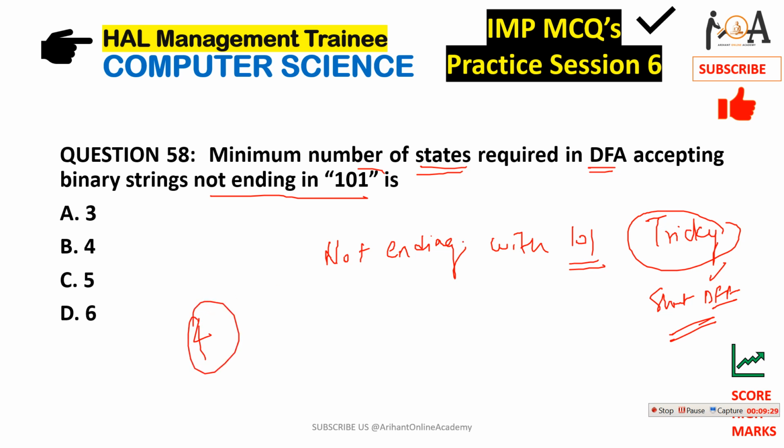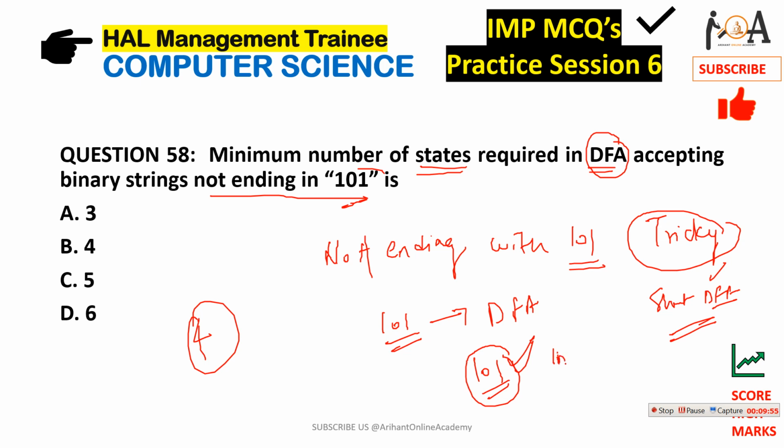How? Because we need to find the minimum number of states required in a DFA which is not ending with 101. So what we will do, we will make a DFA in which all strings end with 101, and then we will make changes in the final states.